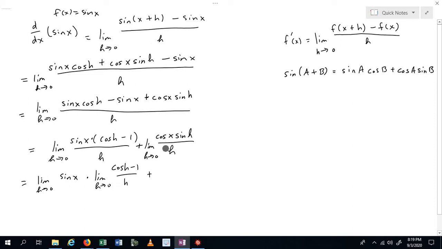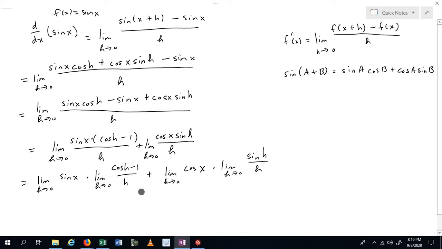And we can do the same thing here. This is the limit of cosine of x times the limit of sine of h over h. That's just a property of limits. You can break limits up across multiplication as well as addition.